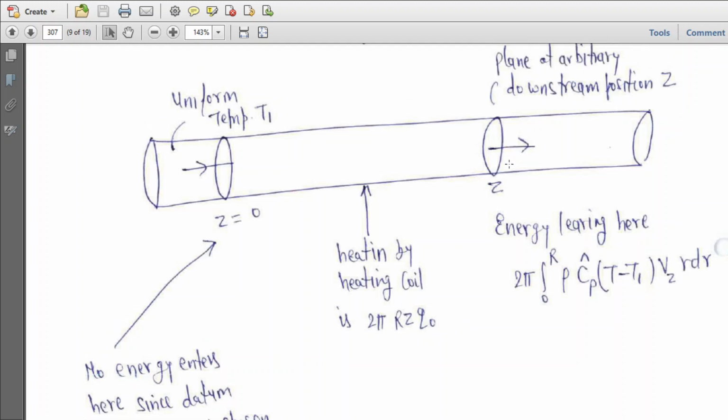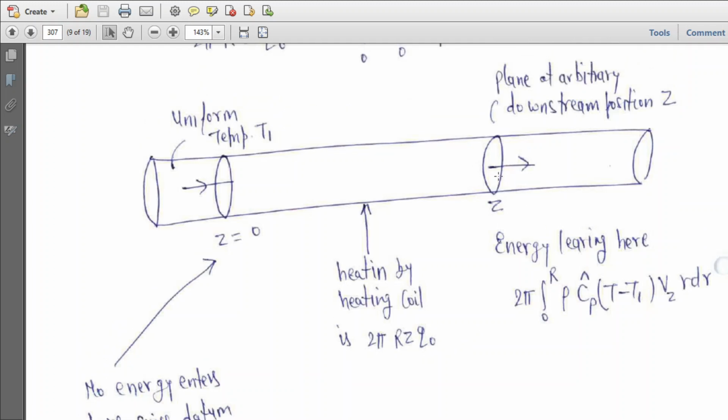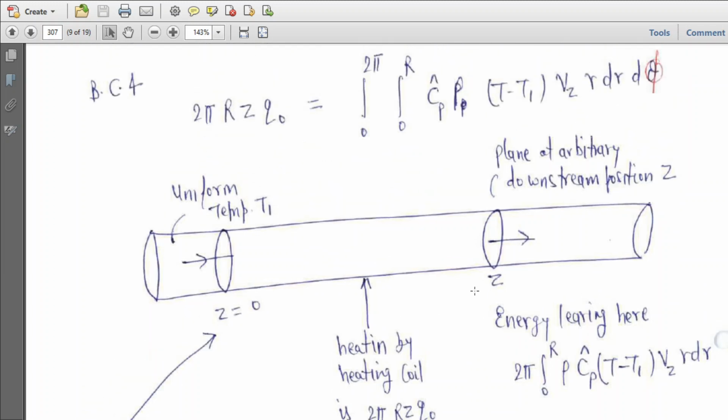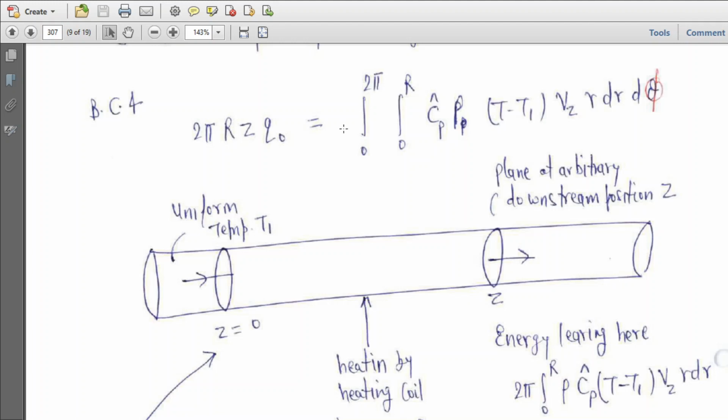Now when this particular fluid leaves at section z here, the energy leaving is rho Cp (T minus T1) Vz dr. This is what we are calculating here.